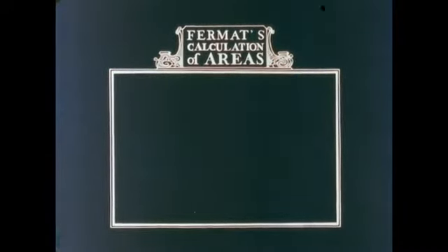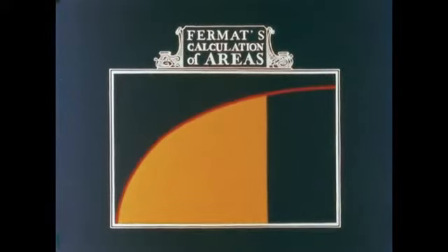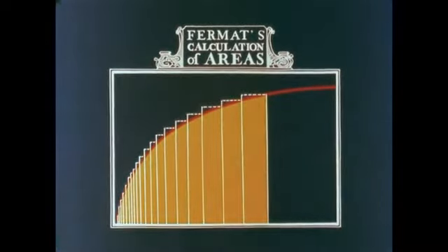His results weren't all new, but the method was. Instead of regarding an area as made up of indivisible lines, Fermat considered it as made up approximately of strips. But by arranging for a cunning choice of widths, Fermat was able to convert an area calculation into an arithmetical one, and that made it easy for him.